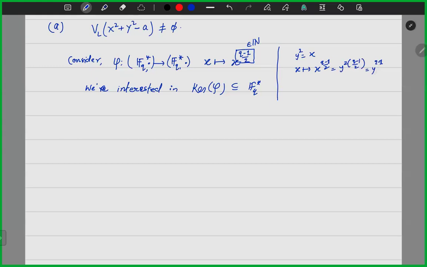So to the power q minus 1, it will become 1. So when x is a square in L, x goes to 1. So the kernel of phi contains all square elements.